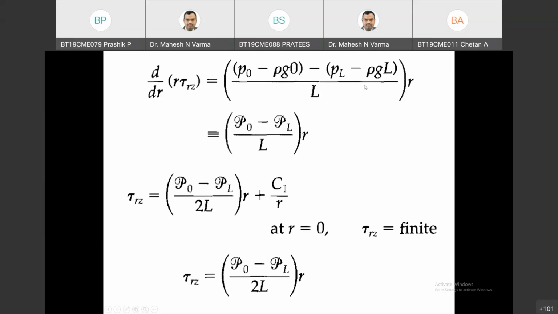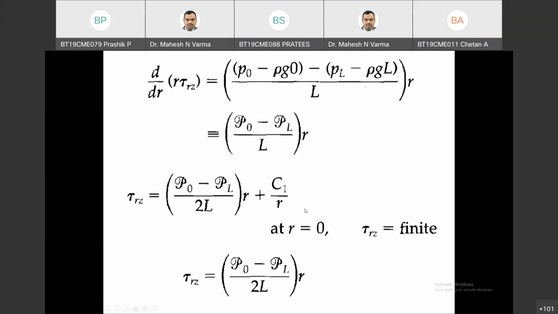As it is in downward direction, this negative sign indicates that if I am moving in z direction, the potential energy of the fluid is decreasing. That is why this negative sign is there. So this is the difference we got.